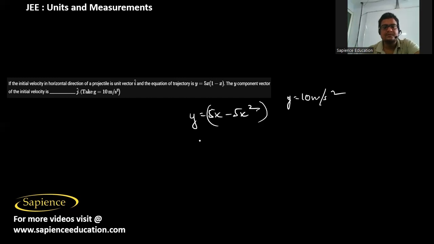So here you can see the equation of the trajectory is this, and the initial velocity in the x direction is 1 i cap, meaning 1 meter per second. That means initial velocity u_x, that is u cos theta, is equal to 1.